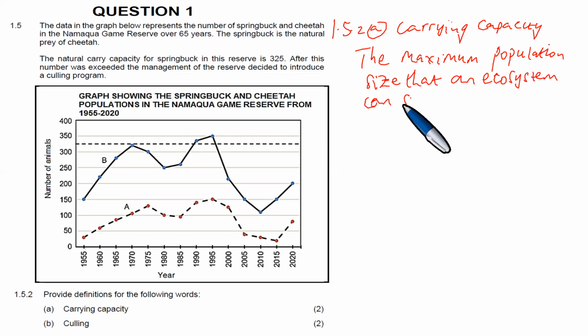So in other words, here we're saying carrying capacity refers to the maximum population size that an ecosystem can support.